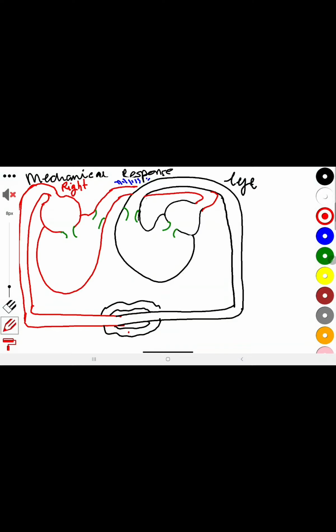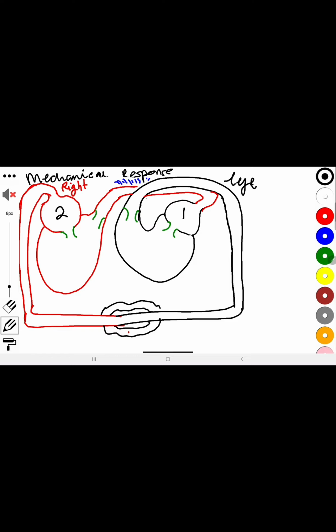Here is a depiction of the heart. Since we're going to talk about the mechanical response, I would like us to narrow down a few things. For example, we need to learn about the fact that we have two atria. This is the left atrium and this is the right atrium.